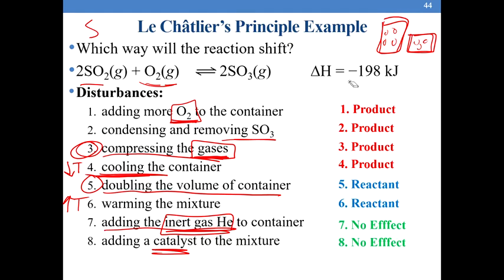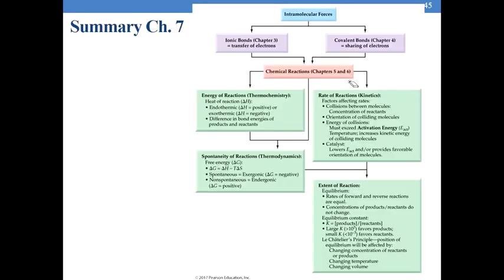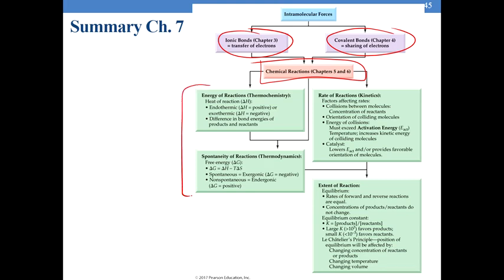So that is the end of chapter 7, but I did want to give you a quick summary. This image goes all the way back to ionic bonds from chapter 3, covalent bonds from chapter 4. You learned about all kinds of chemical reactions in chapters 5 and 6. And all of this in green is chapter 7.